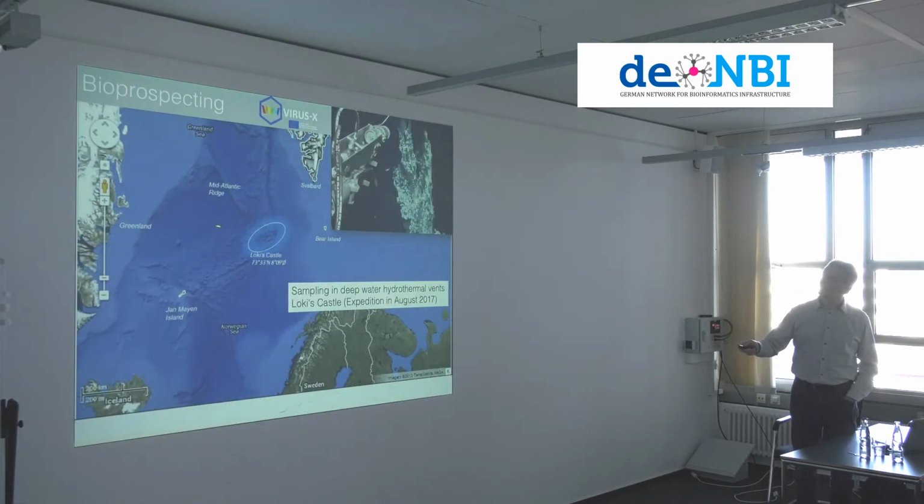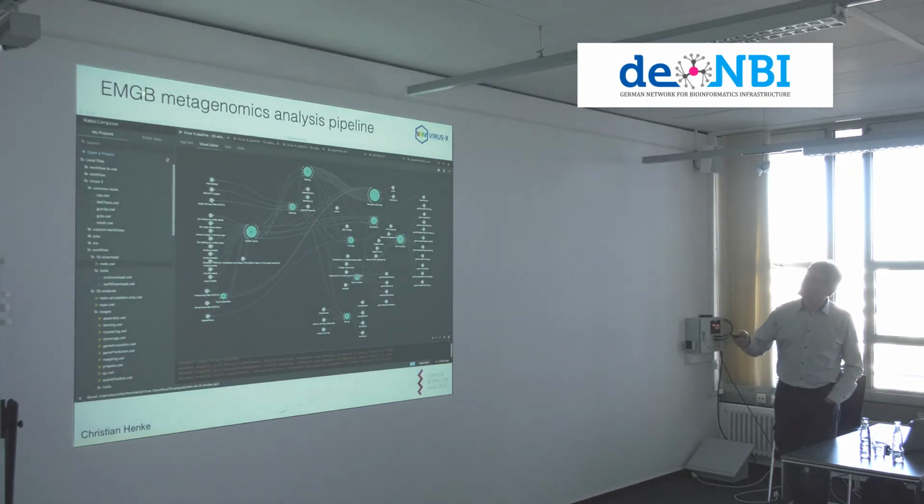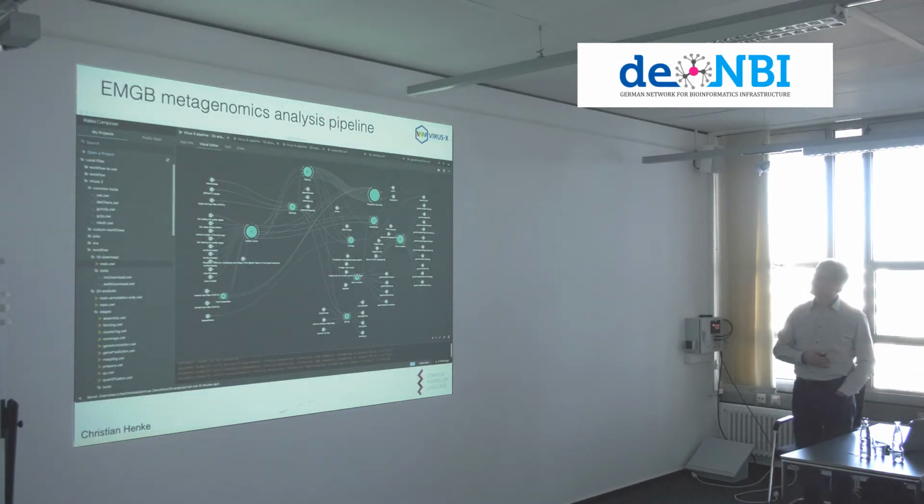And there are other project partners which also go to very weird places. These are these dark smokers, hydrothermal vents in the ocean, where they take samples, and we sequence the samples and analyze the samples. And for analyzing the samples, we've set up pipelines. Christian, sitting in the back, has set up this pipeline of different tools.